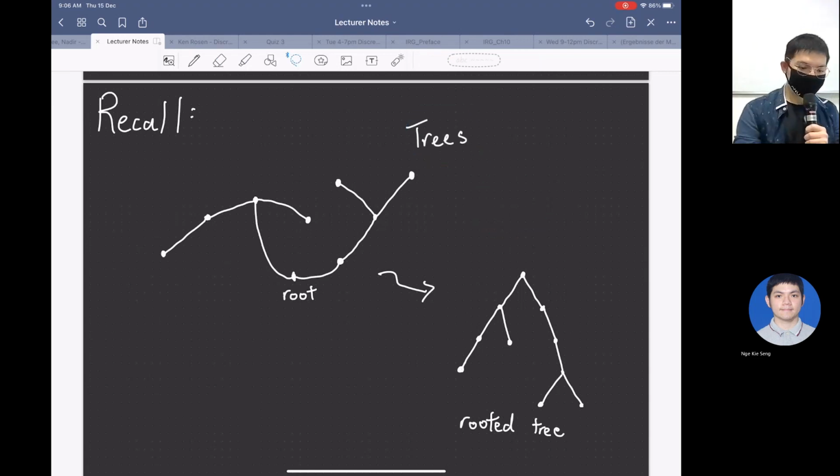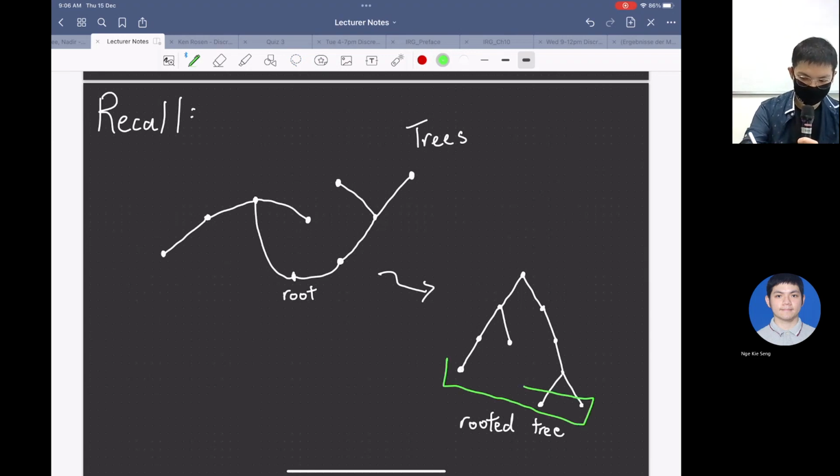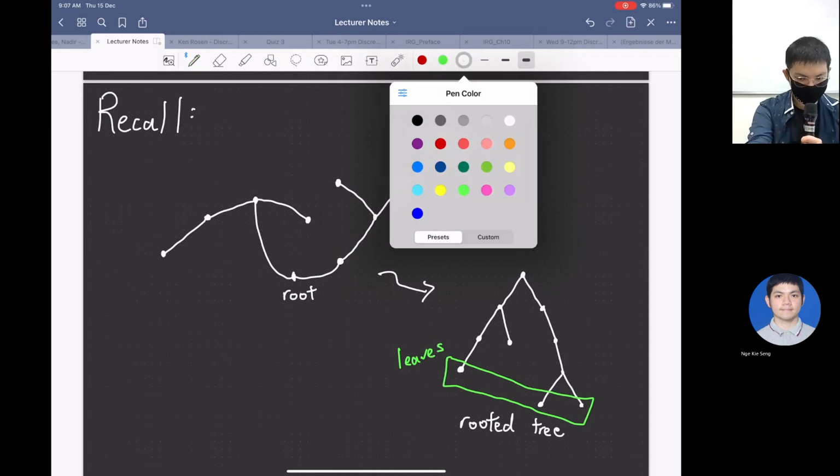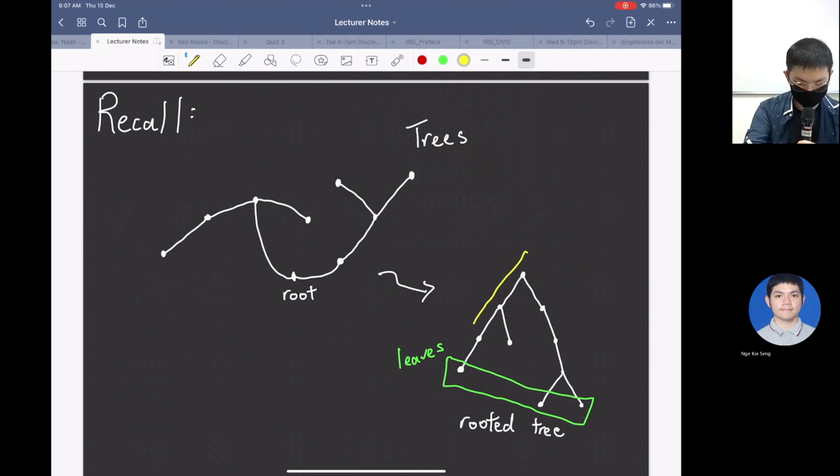And then we introduce some terminology like parent, ancestor, descendant, child, leaves, internal vertexes. Leaves are those without children, and internal vertexes are those with children.